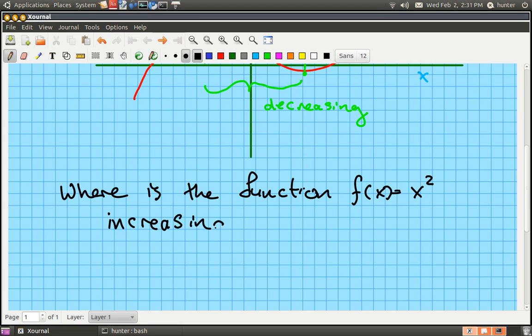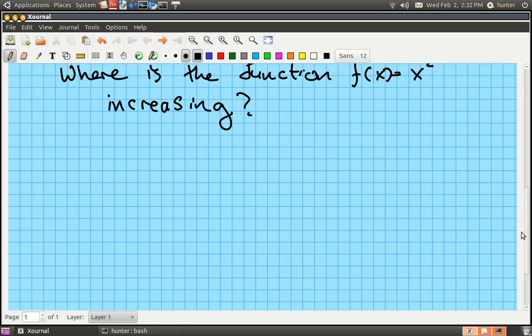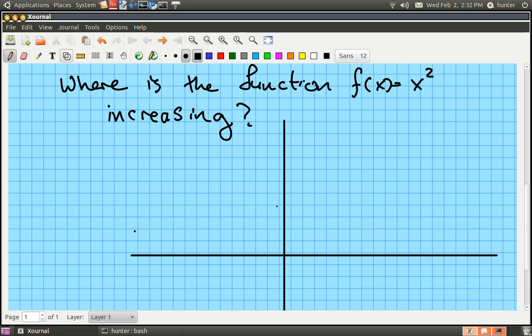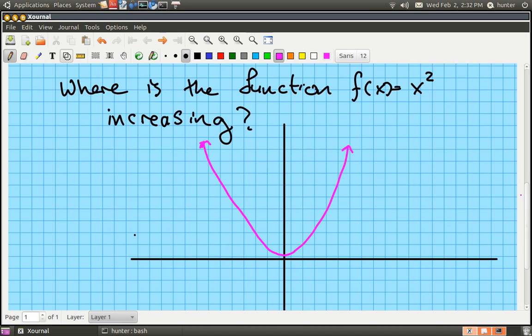So let's answer that question first. So let's see, we saw the good graph, but let me draw kind of a bad graph here. I'm just going to draw a parabola. So there's the y-axis, and here's the x-axis. And the parabola looks kind of like this. Okay. Alright, and we've already decided on the answer to the question.